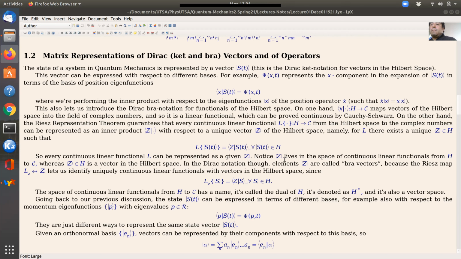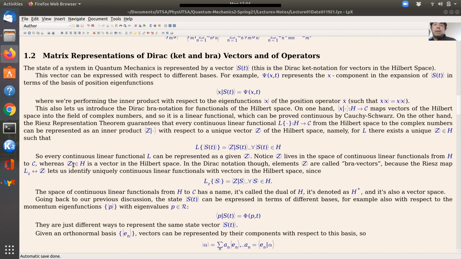C with this other representation, not with this one, but with this one, is an element of the continuous linear functionals from H to the complex numbers. So it lives in that space of continuous linear functionals from the Hilbert space to the complex numbers.